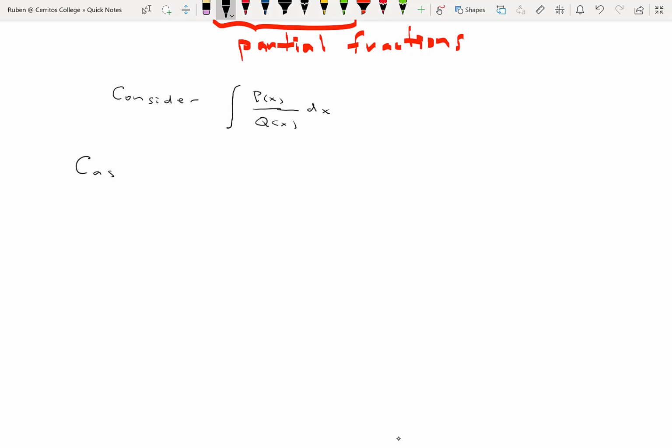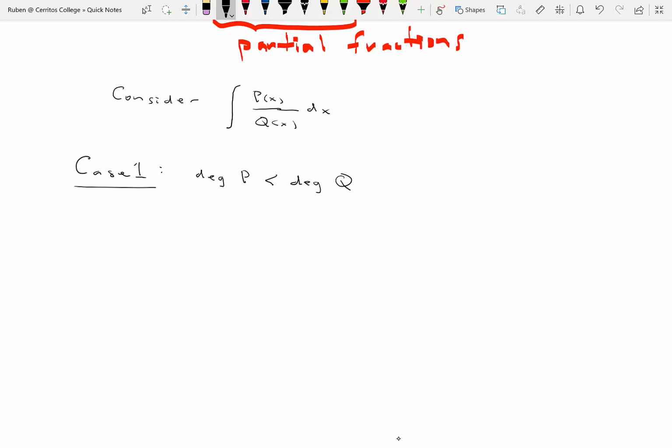And case 1, the big case for us, is where the degree of the numerator is less than the degree of the denominator. So if the degree on top is less than the degree on the bottom, we have this major first case.